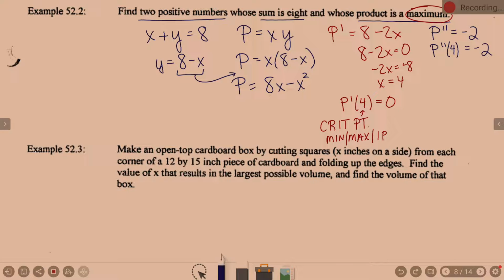So there's no evaluation needed. If there's evaluation, obviously you'd have to evaluate it. -2 is a negative. Because it's negative, that says what? Concave down. Concave down tells me there's a max.